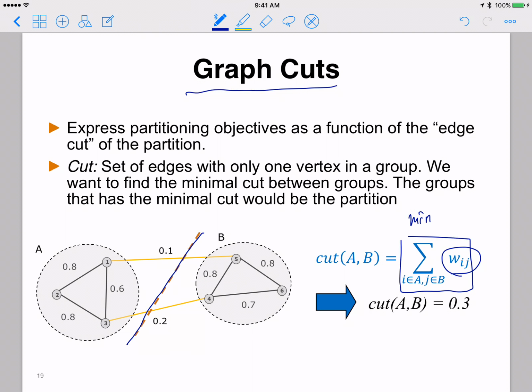So these inter edges correspond to the cut measure, and we divide it by these intra plus inter edges, and that way we can properly normalize this cut measure, and this is called a normalized cut.